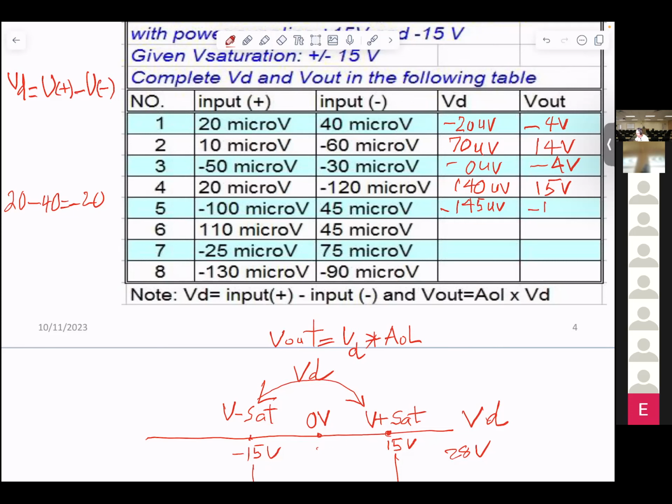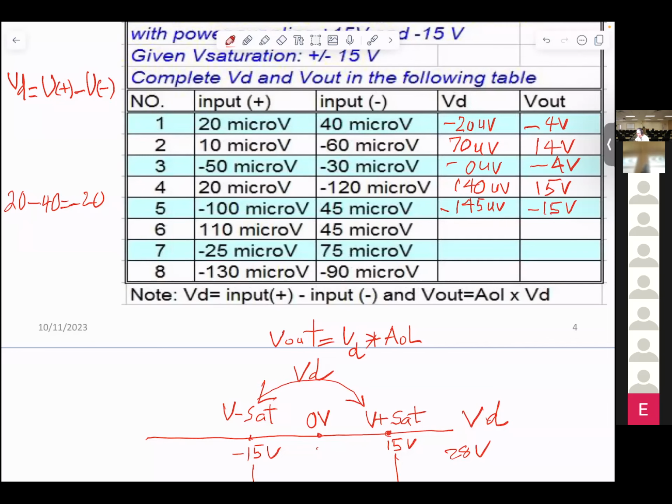Hey, Mr. Pham, on number 5, basically under the column where it says input negative, if you just see a number there, that's a negative 45, right? Negative 145. Yeah, well, I know you got a negative 100 under the plus column, but under the input minus column, the 45 is automatically negative, correct?